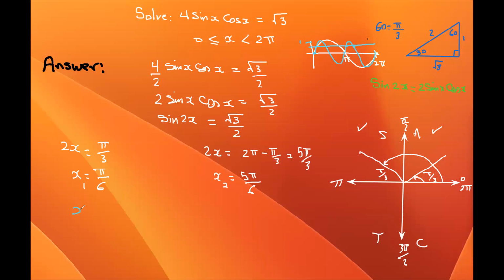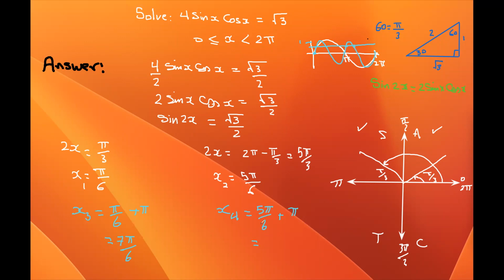Now, how do you find x3 and x4? x3 would be the pi over 6, and you have to add the period, and the period of the sine 2x is pi, so you have to add a pi to this, and that's basically pi over 6 plus 6 pi over 6. We're going to get 7 pi over 6. And x4 is going to be the 5 pi over 6, and you add the period pi to this, and pi is 6 pi over 6 plus 5 pi over 6.